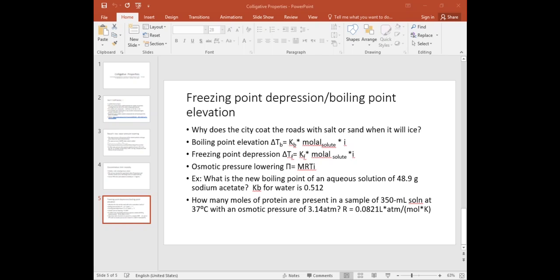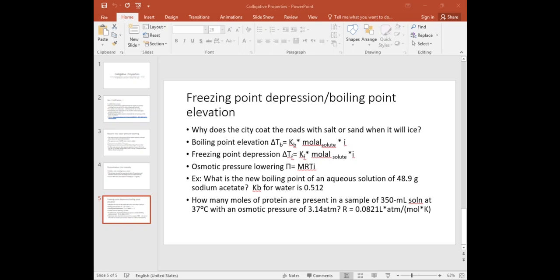So I need to calculate what's the change in boiling point. I know my original boiling point is 100 degrees C for just water. So I'm going to find this difference. I need the moles of this compound divided by the kilograms of water. I need the boiling point constant, which I have right there, that's given.